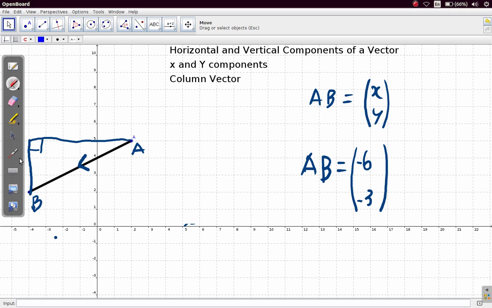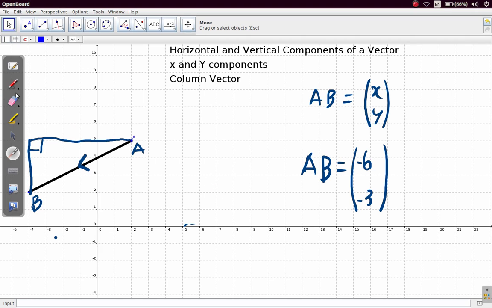What this is saying now is that you could very well move from A straight to B like this. But if you start from A and move 6 to the left, 1, 2, 3, 4, 5, 6 to the left, then down 3 units, 1, 2, 3, you end up the same place, right? You end up the same place.